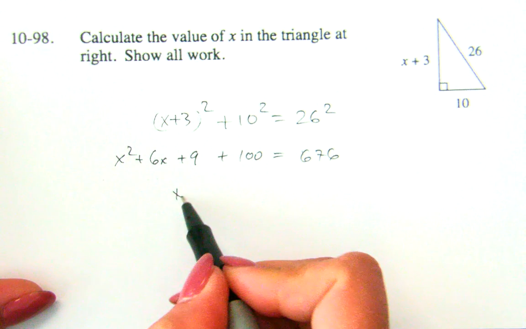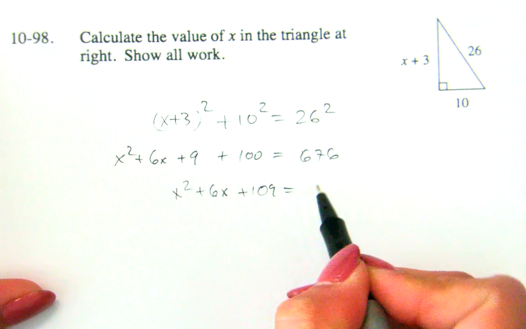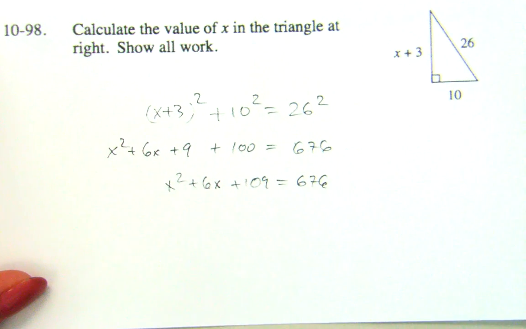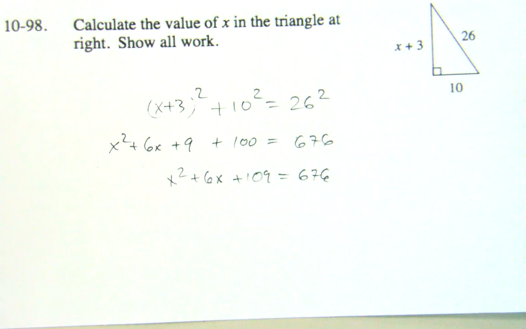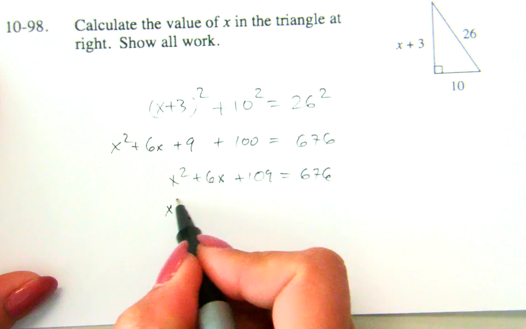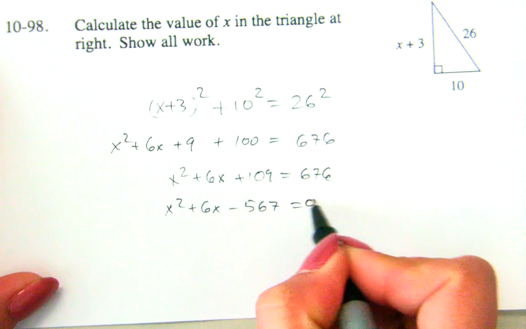And then we have x squared plus 6x plus 109 is equal to 676. And 109 minus 676 is going to give us negative 567. So x squared plus 6x minus 567 equals 0.